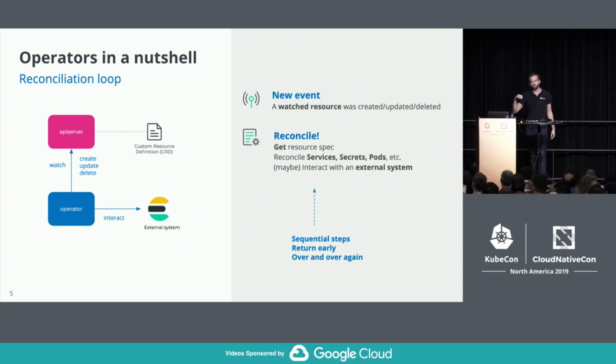So this reconciliation loop usually can return early. Say, for example, it's creating a set of pods. Probably we'll have to wait for those pods to be created before we can request the service that is in front of those pods. So instead of just waiting forever in a synchronous fashion, we'll just return early from the reconciliation.